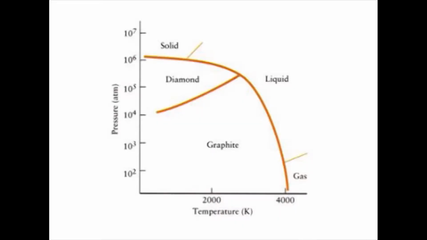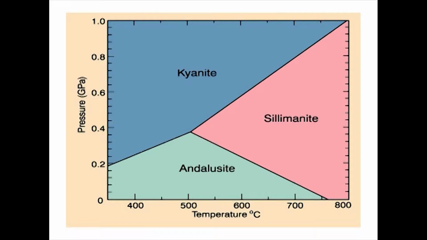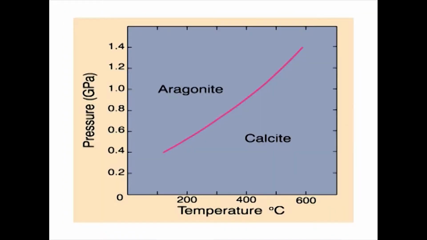Phase transformation is also known as discontinuous reaction, which occurs at a particular temperature and pressure. For these reactions, a curve or line can be drawn on a pressure-temperature diagram. For example, kyanite gives rise to sillimanite, calcite gives rise to aragonite, and graphite gives rise to diamond.